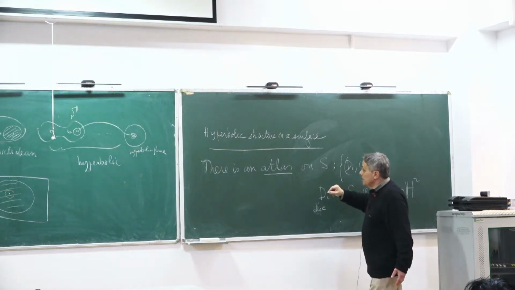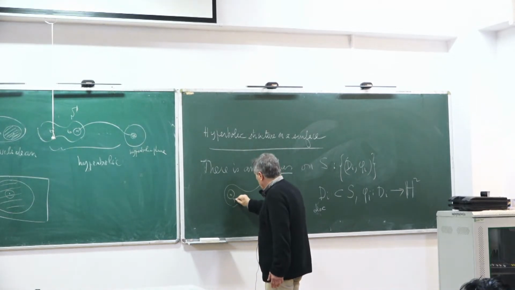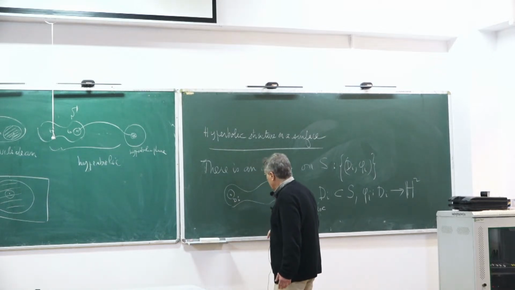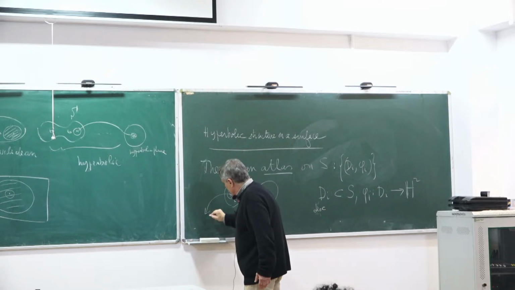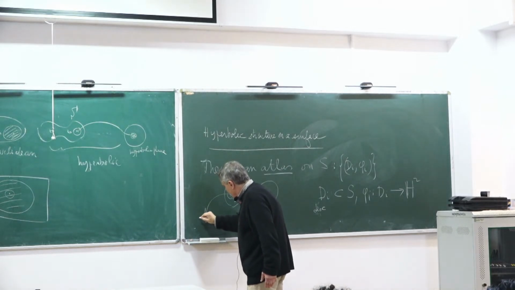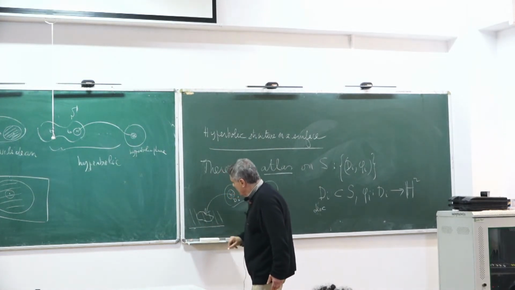So if I make a picture, for each point I have, let's say, a small disk here, and a map which takes this disk into the upper half plane. This is the image.